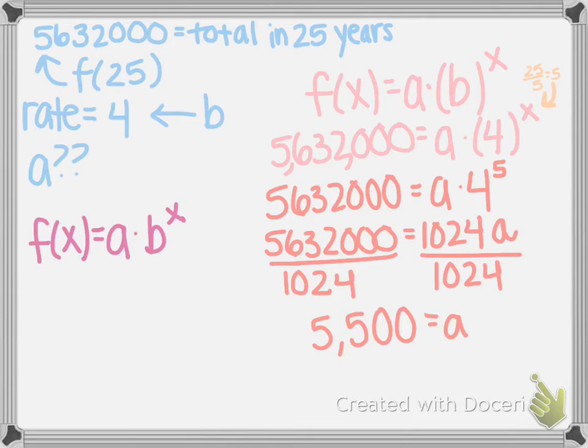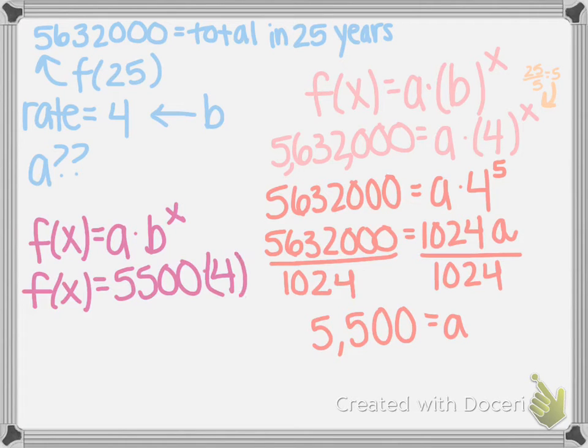So for the second part of this problem, they want a function rule for the situation. So I've written the general function rule for an exponential, and we just solved for a. So we'll substitute that in. 5,500 times 4 from previously to the x power.